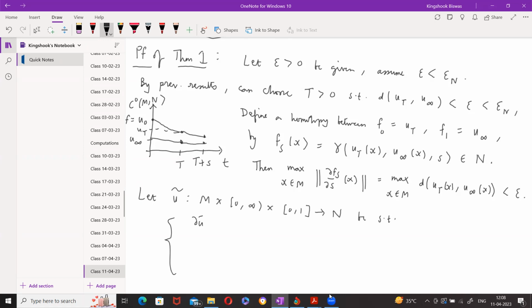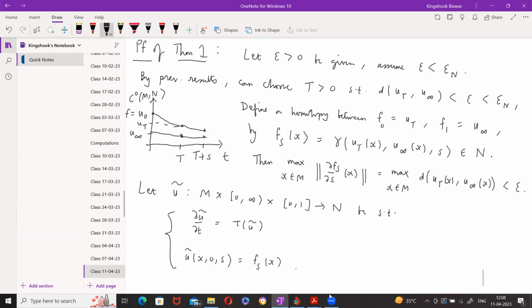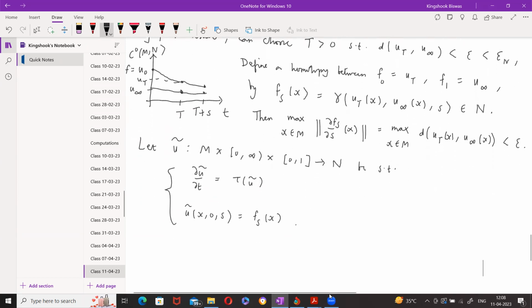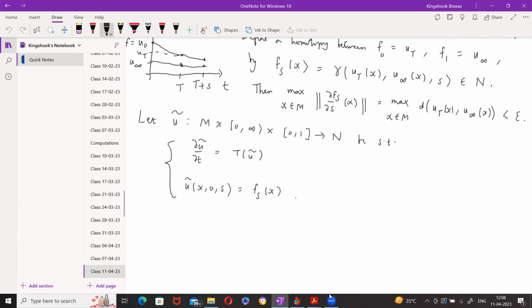So ∂u tilde/∂t is equal to tau of u tilde, right? And u tilde of (x, 0, s), at time 0 for the parameter s, this is F_s of x, right? Yes, sir.